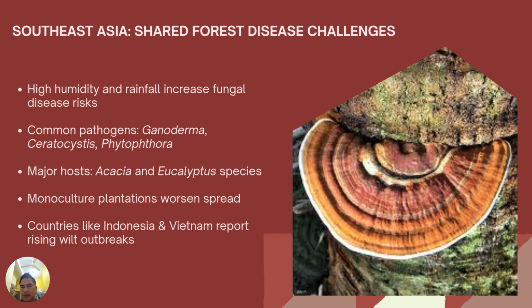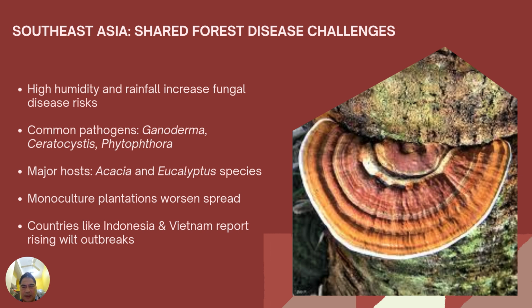Pathogens like Ganoderma, Ceratocystis, and Phytophthora are commonly reported, especially in acacia and eucalyptus plantations. And because many of these plantations use monoculture, planting just one species over large areas, it makes it easier for the diseases to spread quickly.